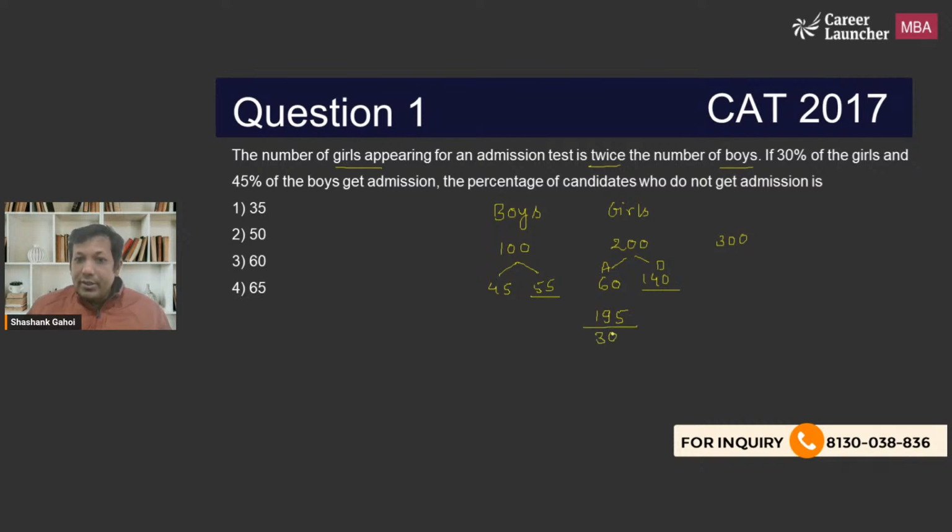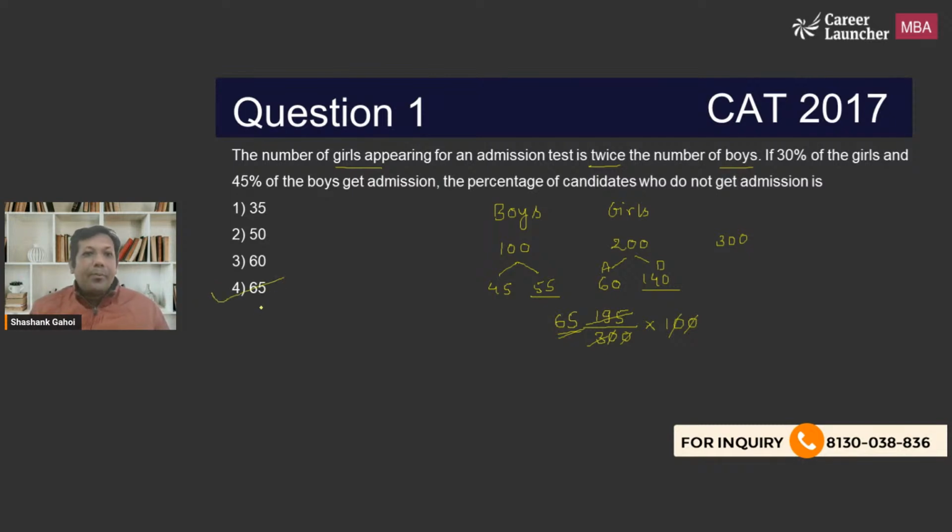Out of 300. So what percent? The number of students who did not get admission divided by the total number of students, into 100. So basically this cancels out. 3 6s are 18, remaining is 1, 1 5s are 5, 15, 65. So in this case my answer to this question is going to be option 4, that is 65.